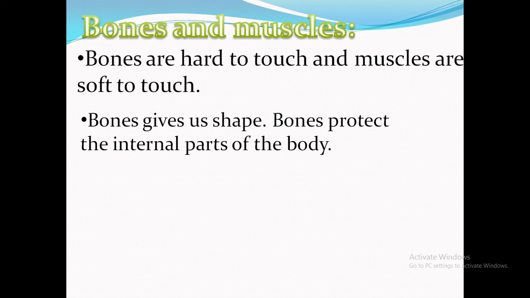What is the function of the bones? The bones give shape to us. Just imagine we just have muscle. We won't have a definite shape because it's a very soft material, so it will just fall on the ground. So these bones are very essential to give us shape. And the bones also protect the internal parts of the body, as I have already said. The brain is protected by the skull.